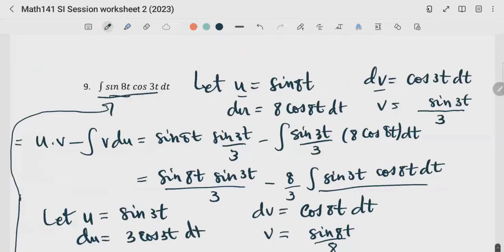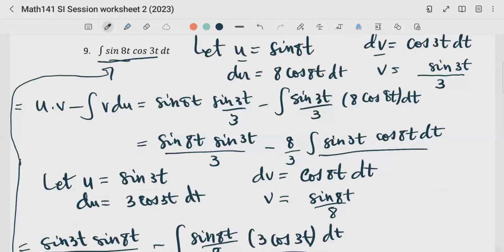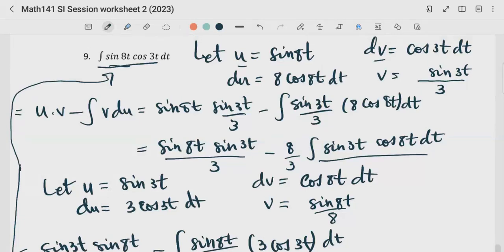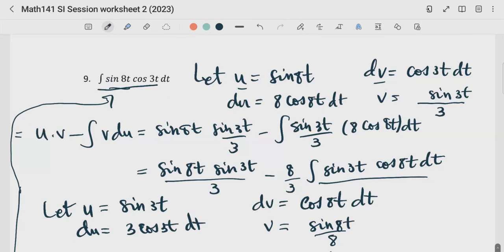So how do I know which one to assign to u, sine or cos? Oh, right. If you go back to our first substitution in the integration by parts, as you can see, sine and cos are easily integrated and differentiated.